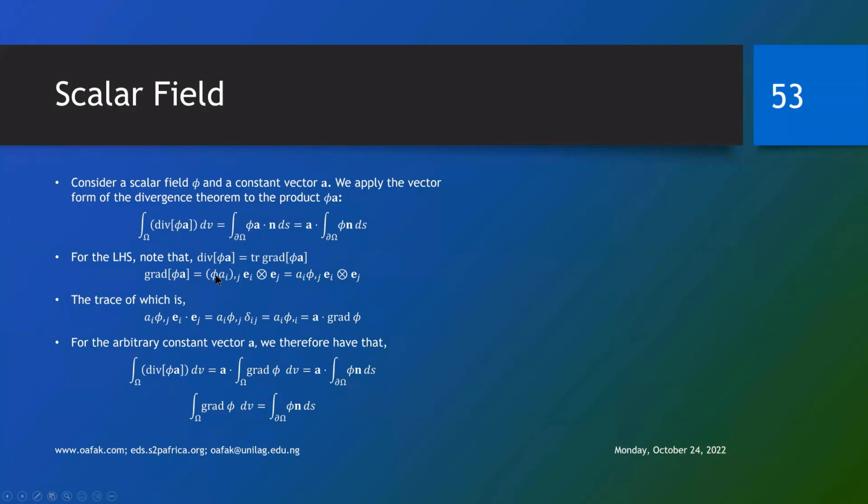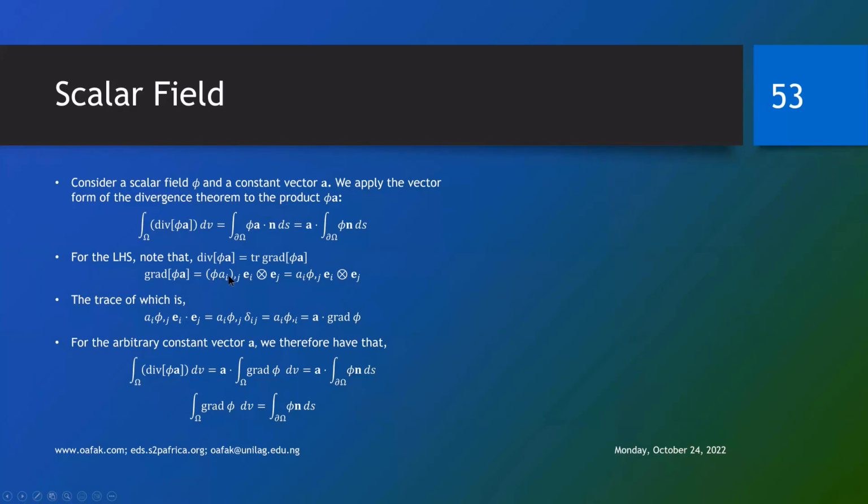One of the things in the product is a scalar, the other one is the scalar component A_i. So you can differentiate phi and leave A alone, and then you can differentiate A and leave phi alone.